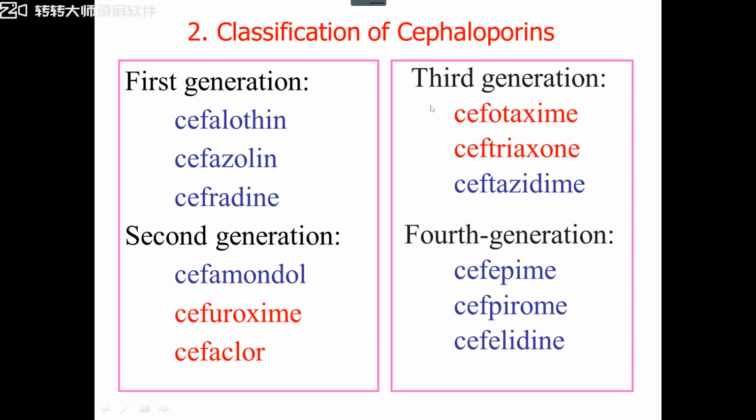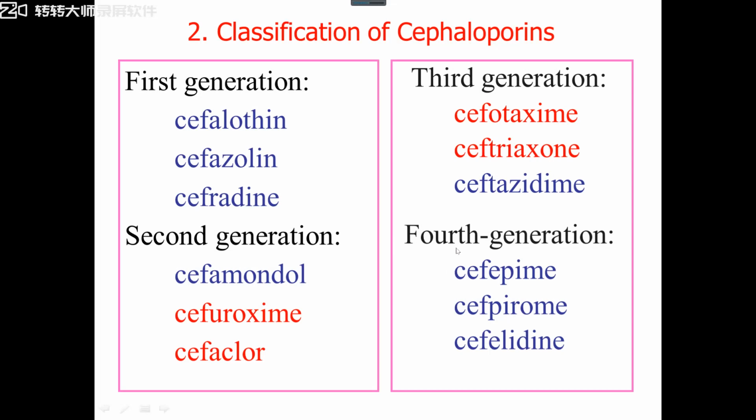And then we have the third generation cephalosporins, such as cefotaxime, ceftriaxone. And this one, ceftriaxone, is the most widely used antibiotic in the world, in each country. So this drug is ceftriaxone. Chinese name is 头孢曲松. It is the most widely used agent in the world in clinic.